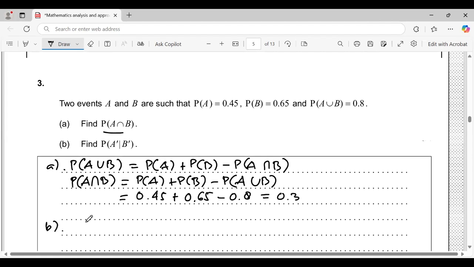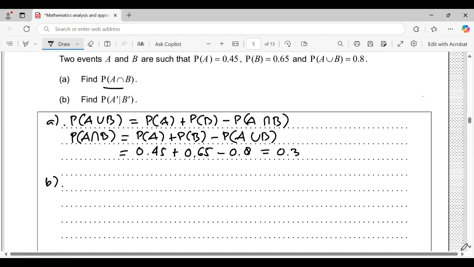Part B. Probability B' equals 1 minus probability B, which is 1 minus 0.65, and it is 0.35.